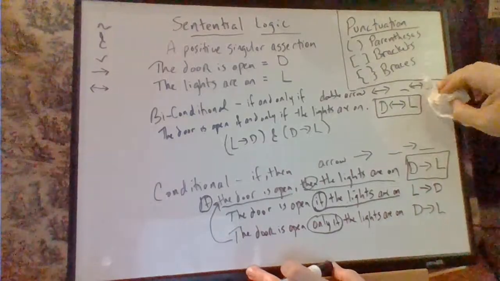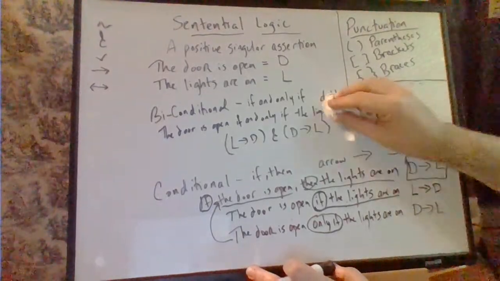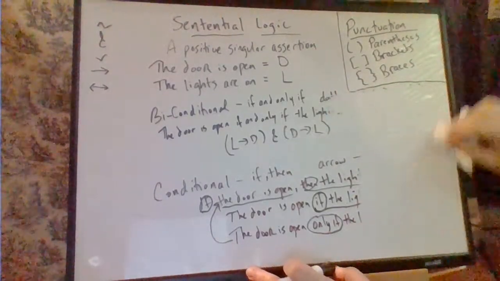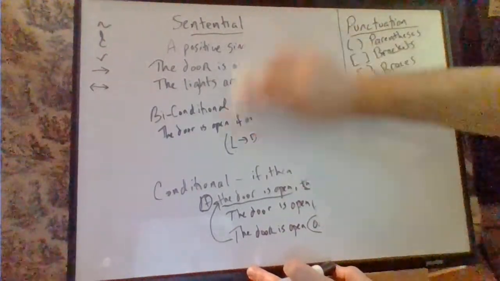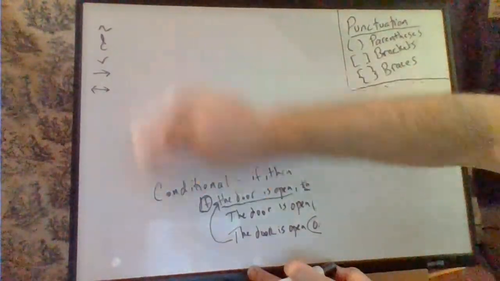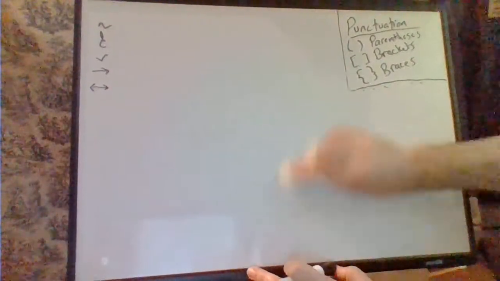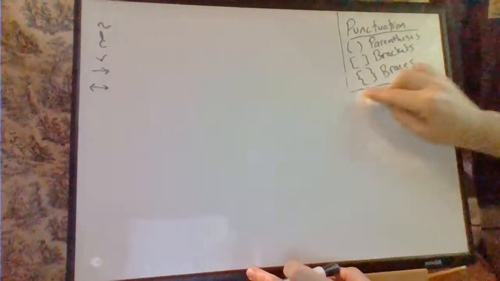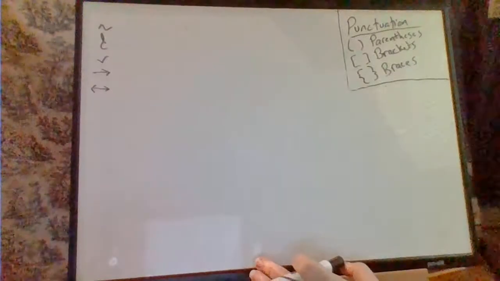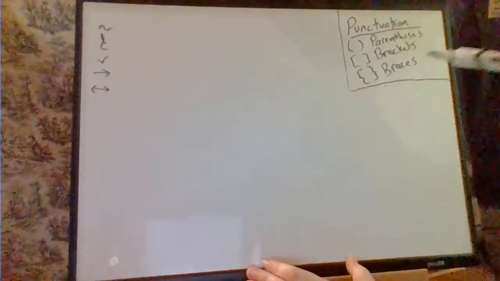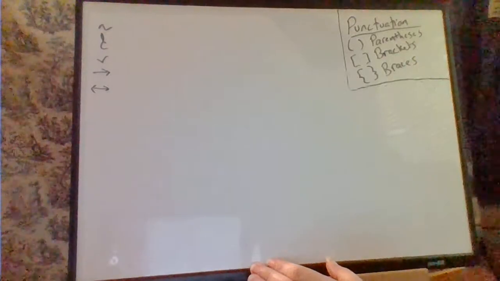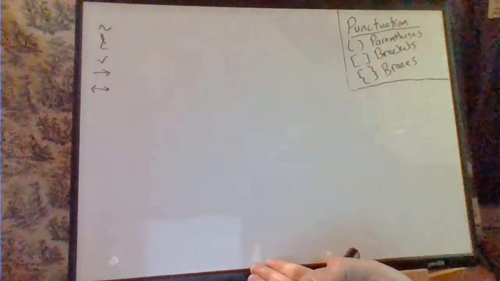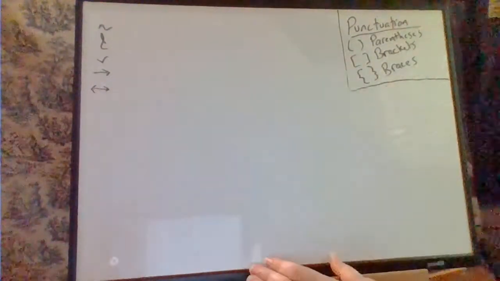And then, of course, there's the question of punctuation that comes into play. So, punctuation we've already seen is going to be used when negation comes at the beginning and you want to negate the whole value. I showed you that.